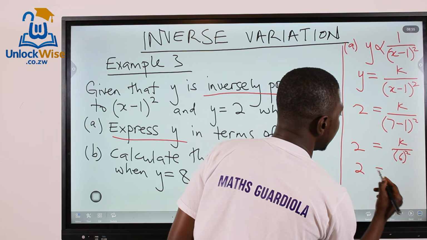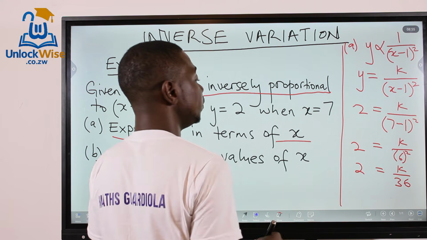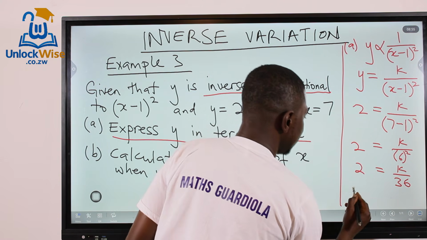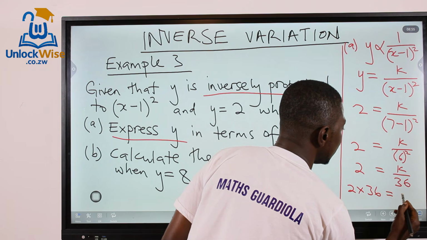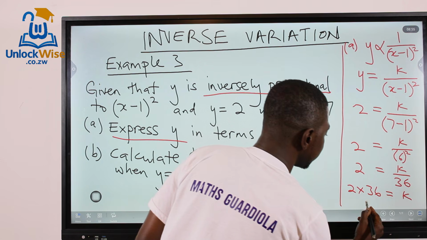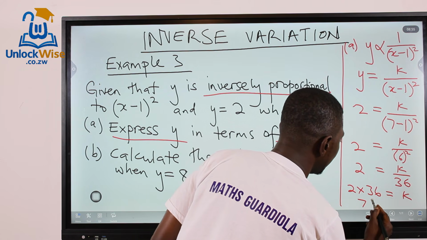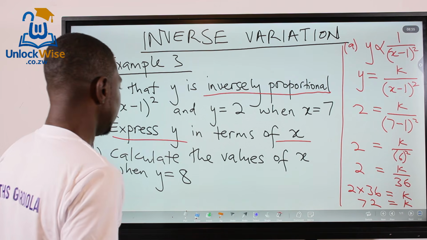So we have 2 is equals to k over 36. And now, if we multiply both sides by 36, we are going to have 2 multiplied by 36, which is equals to our value of k. So k is 72. Our k is equals to 72.